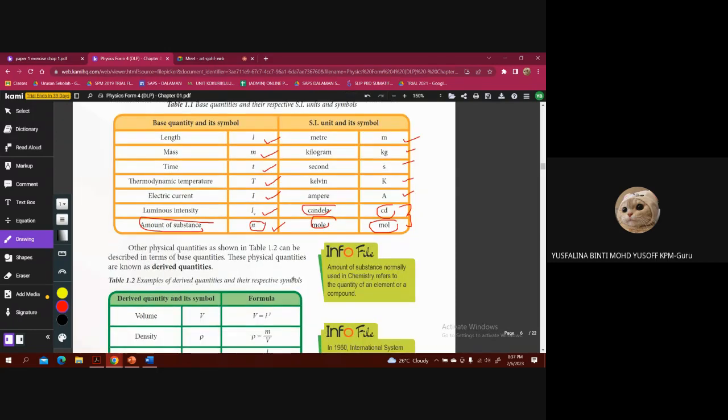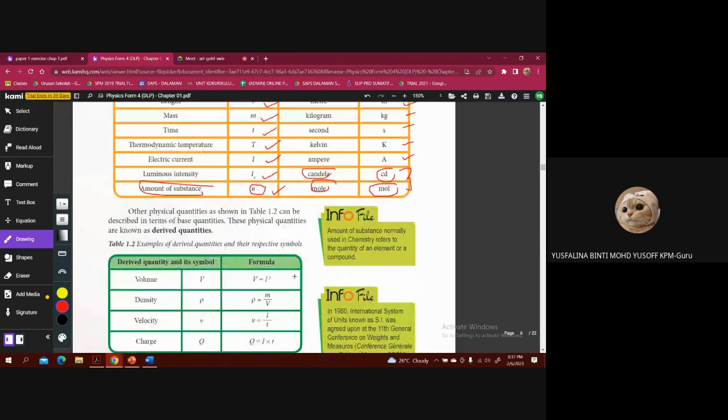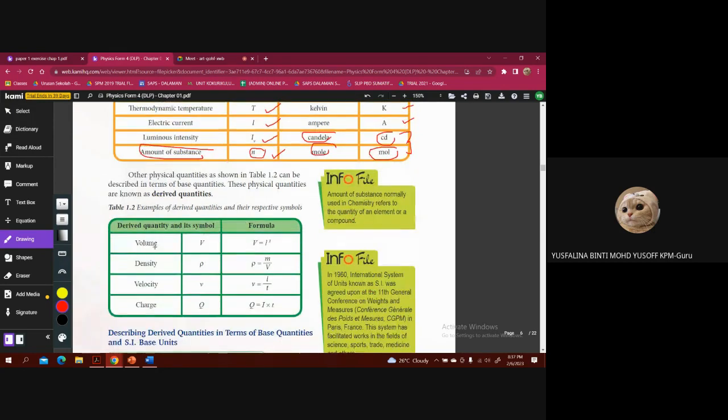But then for the derived quantity, you use multiplication, or maybe division, of the base quantities to form another SI unit. So for example, volume.